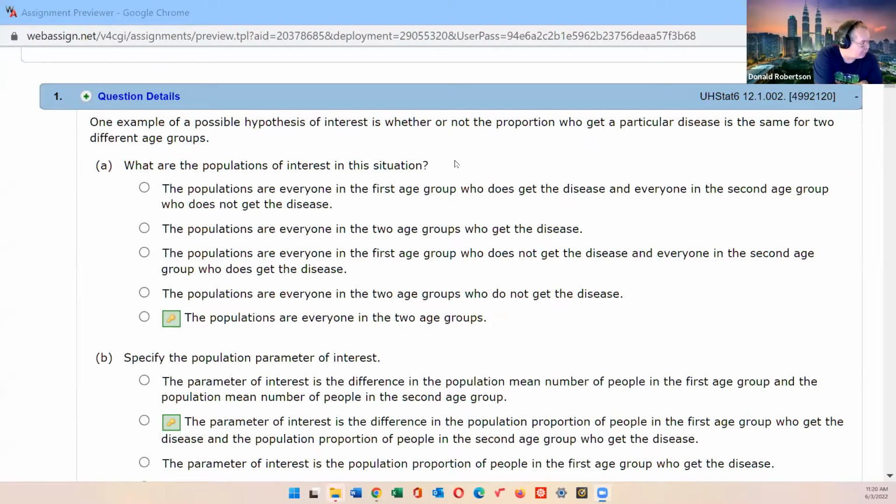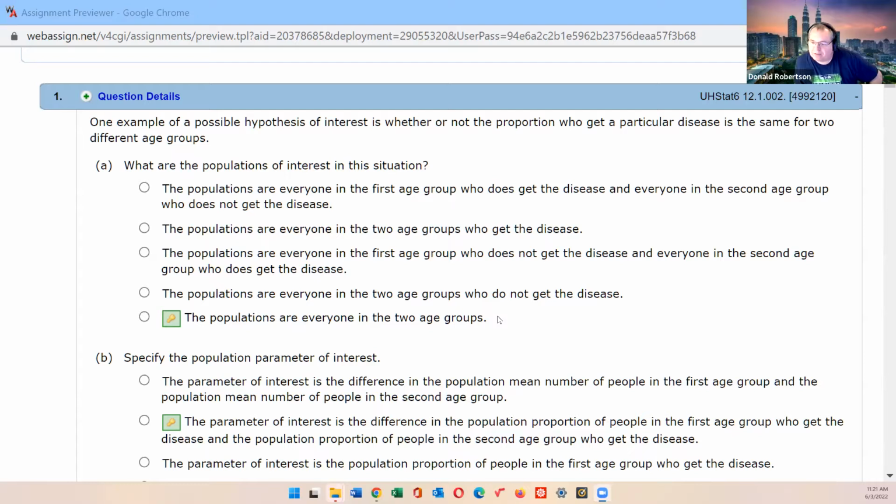One example of a possible hypothesis of interest is whether or not the proportion who get a particular disease is the same for 2 different age groups. So when they're talking about what the populations of interest are, these are everyone in the age groups. If I was doing my story, wouldn't the populations be males who like horror, and females who like horror?